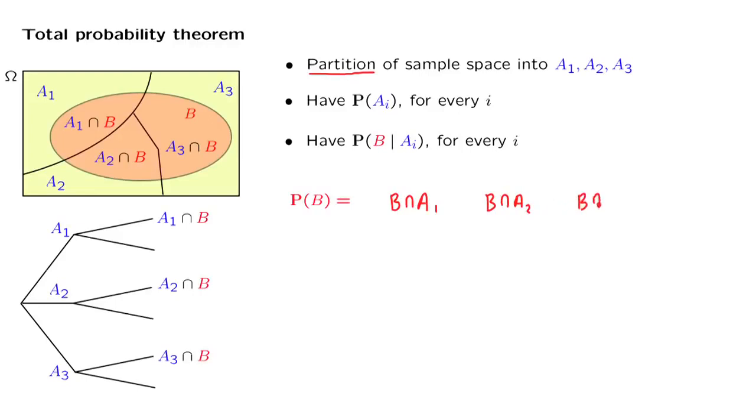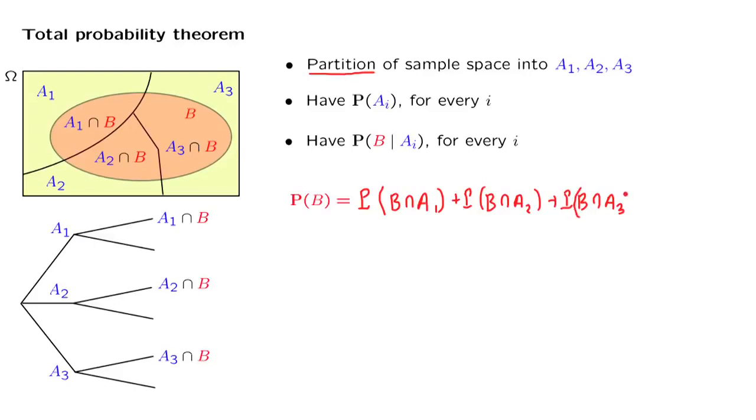Another piece is when event B occurs together with A3. These 3 sets are disjoint from each other, as we see in this picture, and together they form the event B. Therefore, the probability of B is going to be, by the additivity axiom of probabilities, equal to the sum of the probabilities of these sub-events.